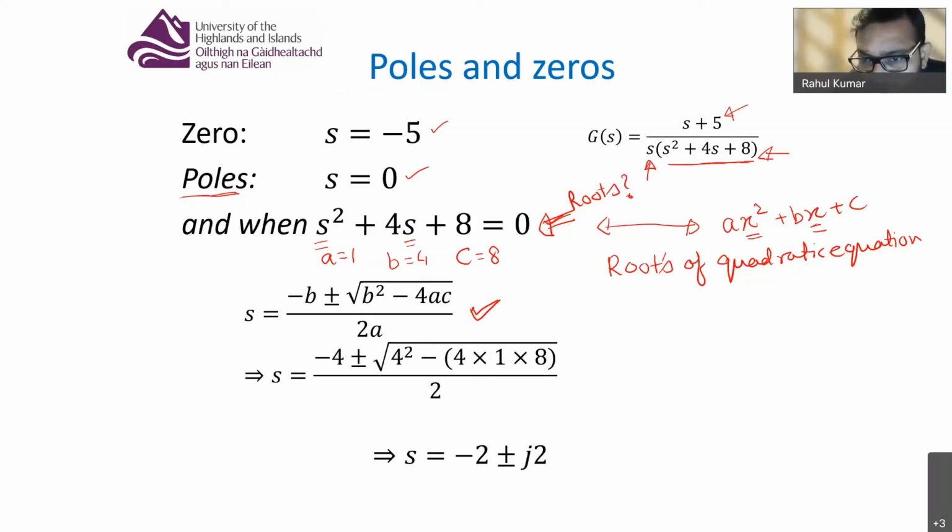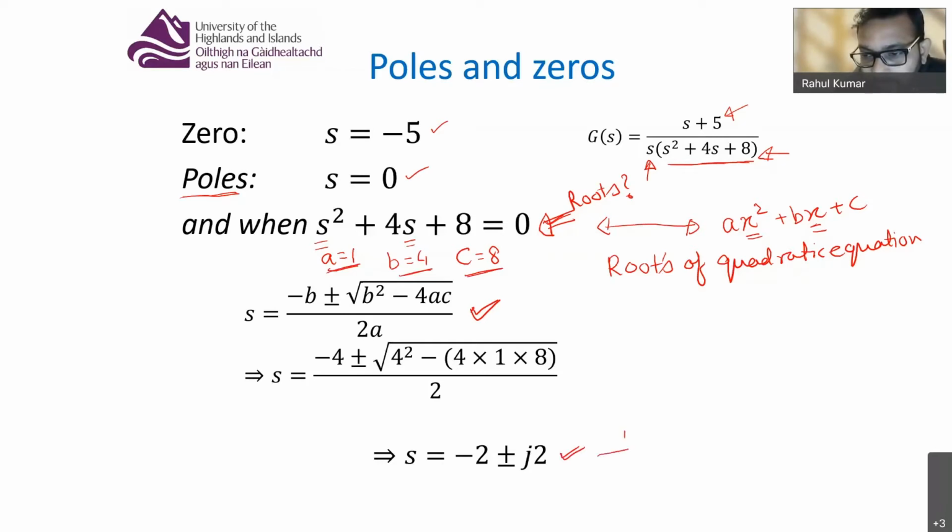Right. So we already have found the values of a, b, and c. We just have to substitute them. So if we put them in the equation and solve it correctly, we will end up getting this value here, right? s is equal to minus 2 plus minus j2.